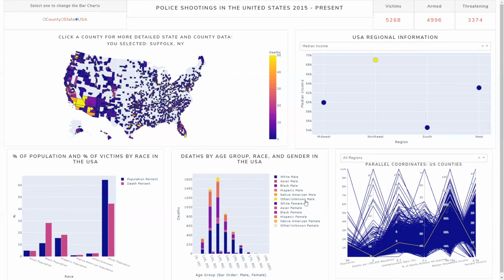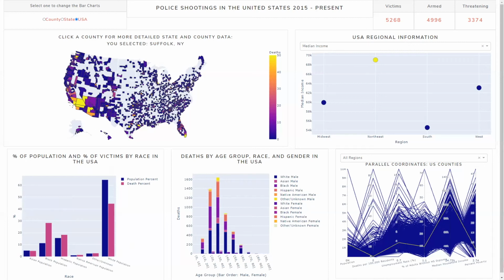We see that a very prominent group, given the population size, is African Americans in the 20 to 30 age bracket and the 30 to 40 age bracket compared to their overall proportion of the population. This is also visible in the previous bar graph because the population percent is much lower than the death percentage.